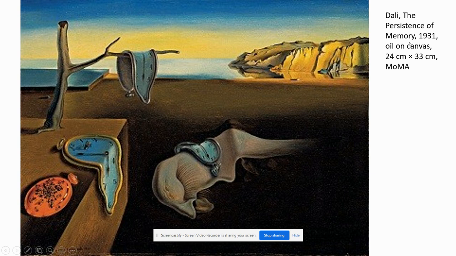Cool. Oil on canvas. Up until, I don't want to give you an exact date in case I'm lying, but up until a certain point, you can assume that most artworks are oil on canvas. So the oil is also what allows Dali to get these really, really smooth transitions between color.